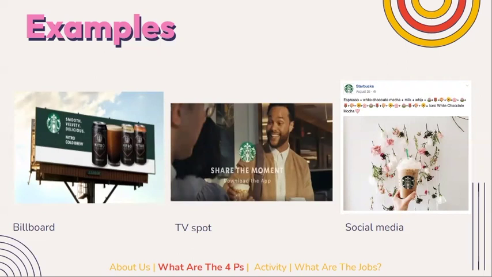You might be familiar with social media #ad. These are paid advertisements by the advertiser, Starbucks in this case, for you, the target audience, to really understand what product they have. So these are all part of promotions. And maybe you can think of some other promotions that they've put together and you've been in contact with.